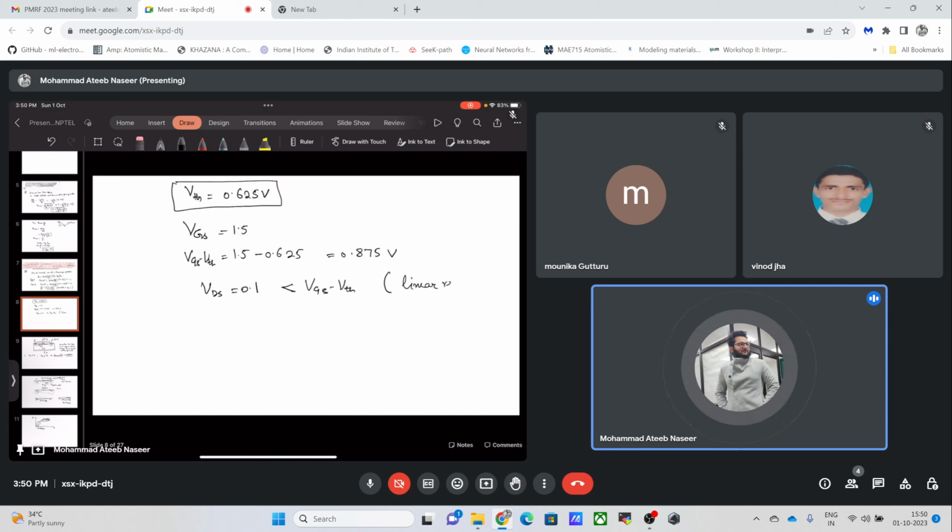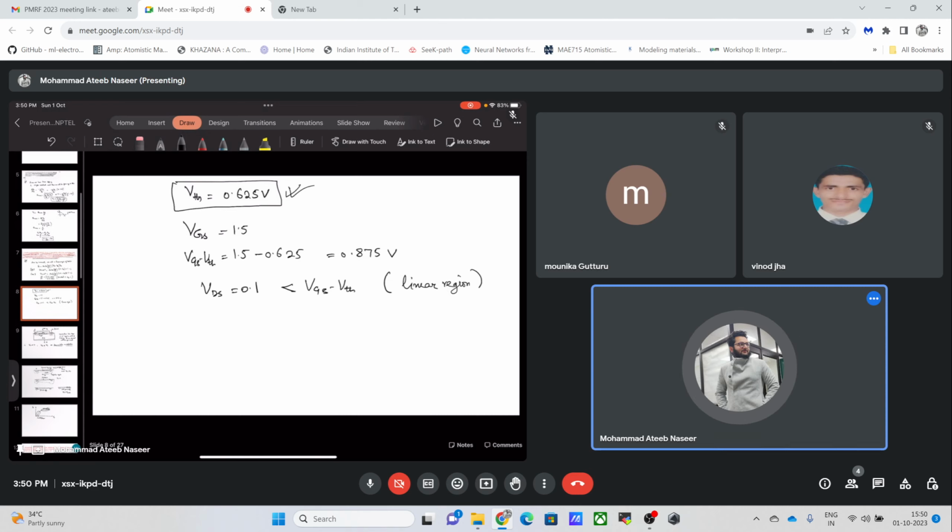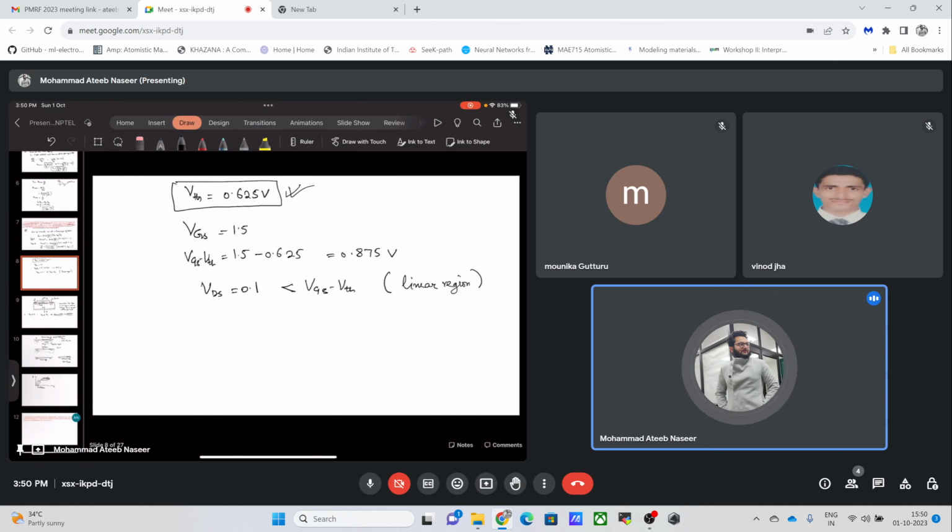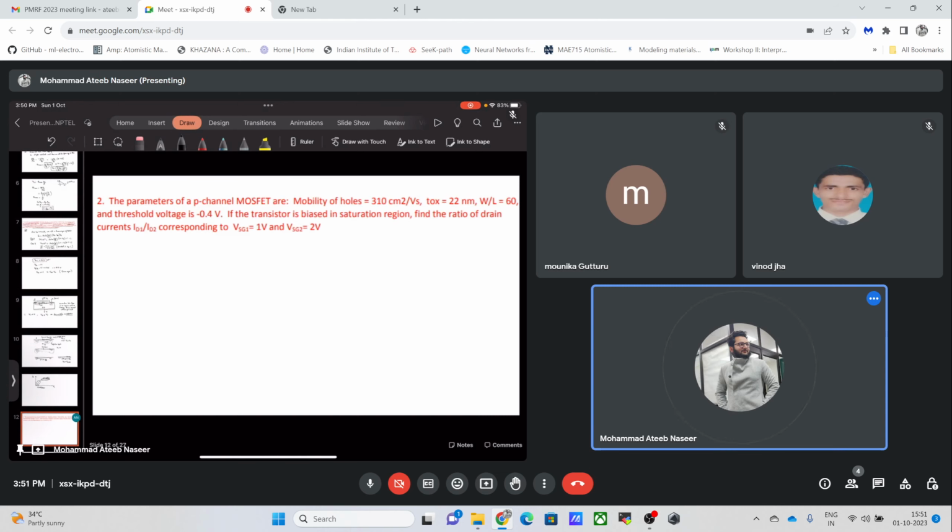That is what was given in the problem. In order to recheck our method, we backtracked and saw that the conditions given in the question corresponding to this answer of VTH equal to 0.625 are correct. So our approach was correct in selecting this problem.